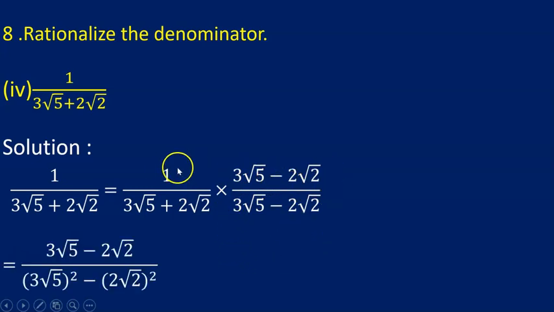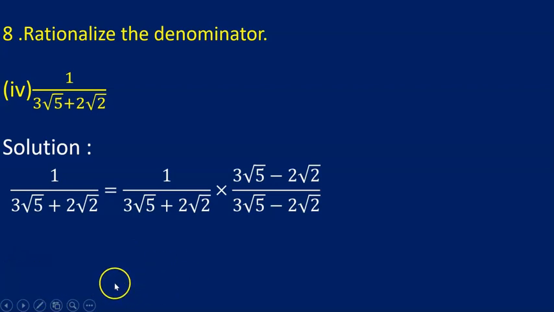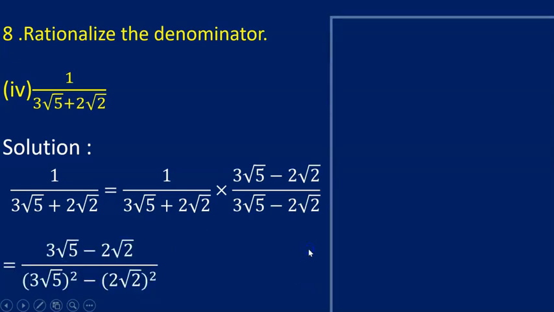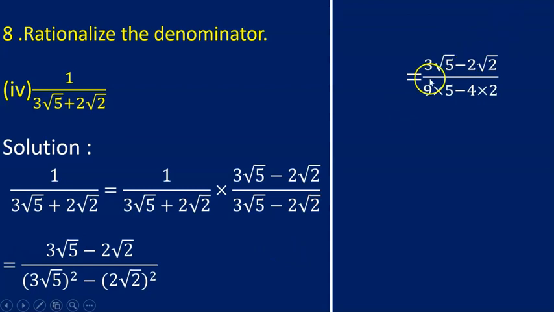And next, 1 into 3 root 5 minus 2 root 2 is 3 root 5 minus 2 root 2. Next, again here a plus b, a minus b. Then here you will get here a square minus b square, that is the square of 3 root 5 bracket square minus square of 2 root 2 bracket square. Okay. And next 3 root 5 minus 2 root 2.